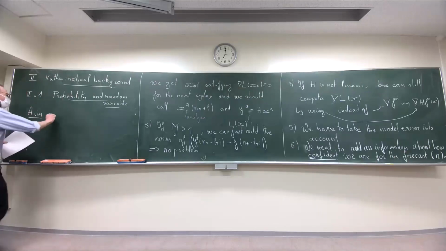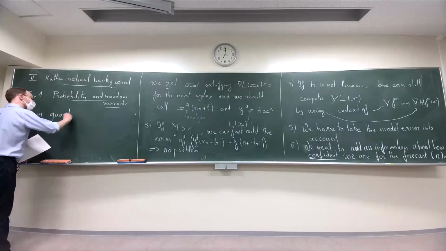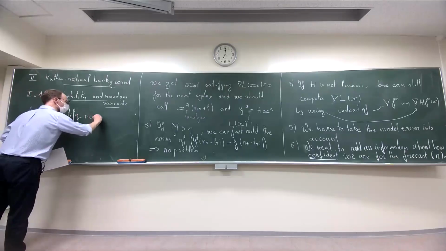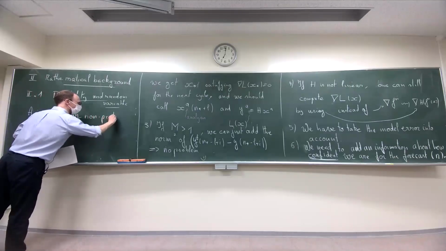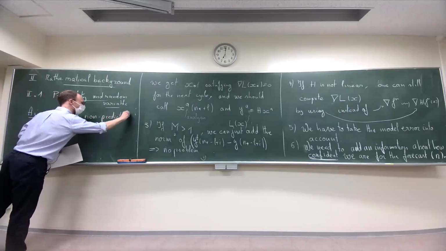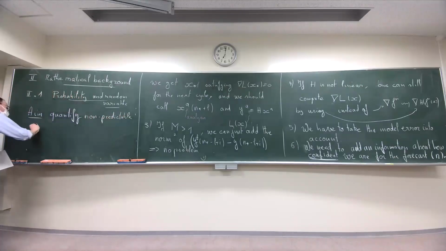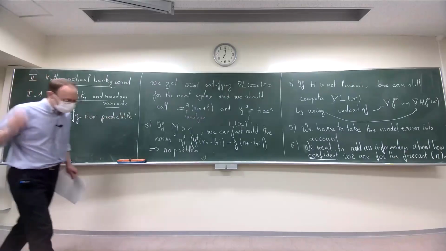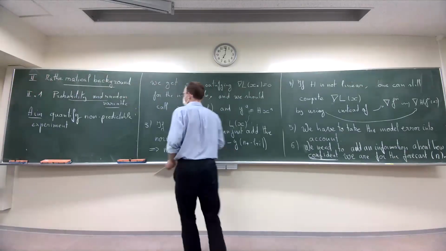So what is the aim? It is to quantify non-predictable experiments. If you can predict it exactly, you don't need to quantify, but here we have experiments that are not exactly predictable.